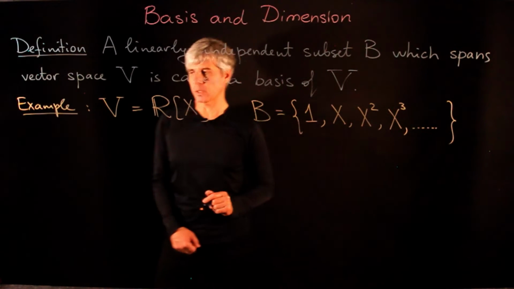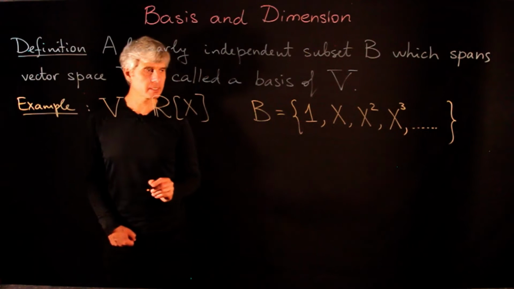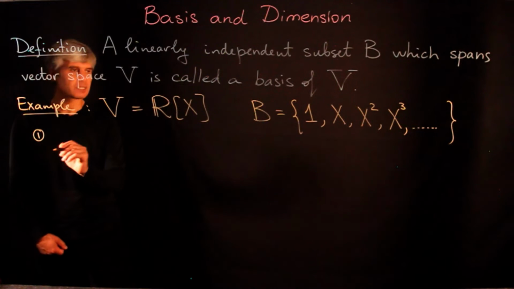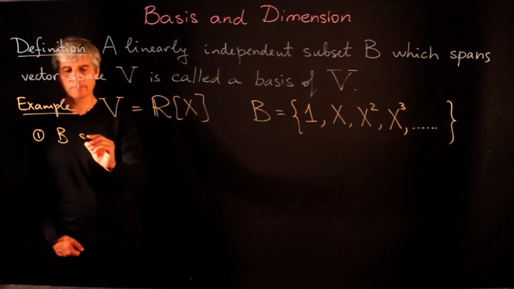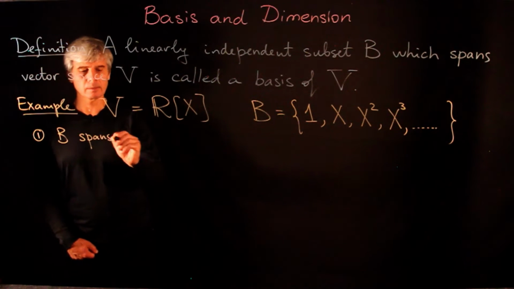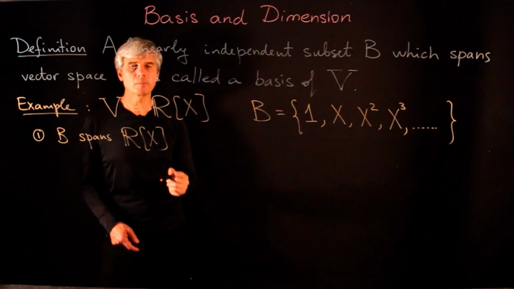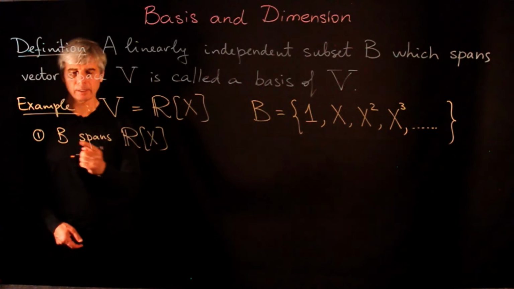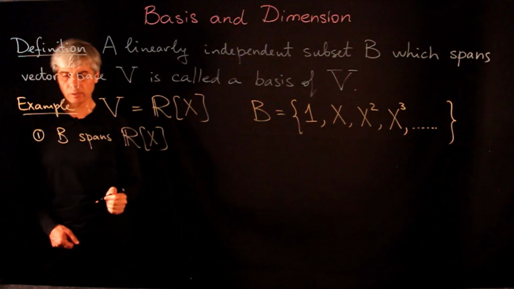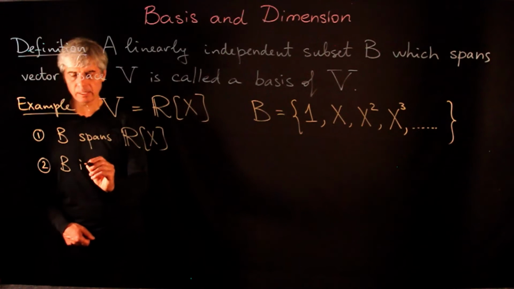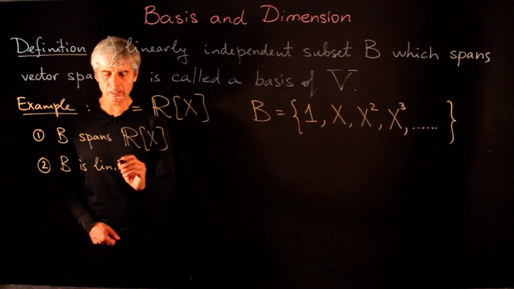Now what we need to show is, one, that this set B spans R[x], which means that any polynomial is a linear combination of these, and two, that B is linearly independent.